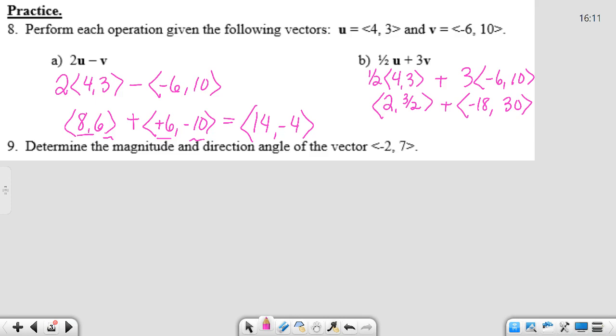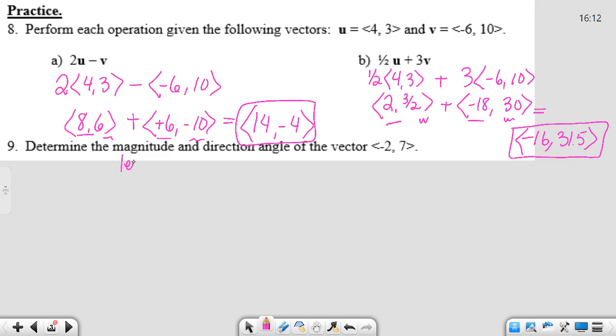And then when we add those two together, again, add your horizontal components to give a resultant of negative 16, and your vertical components would be 30 and 1.5. So you can write 31.5, or you can write it in fraction form if you choose that method. There you go. So again, whether we're adding or adding the opposite with subtraction, we are still finding the resultant of the vectors.